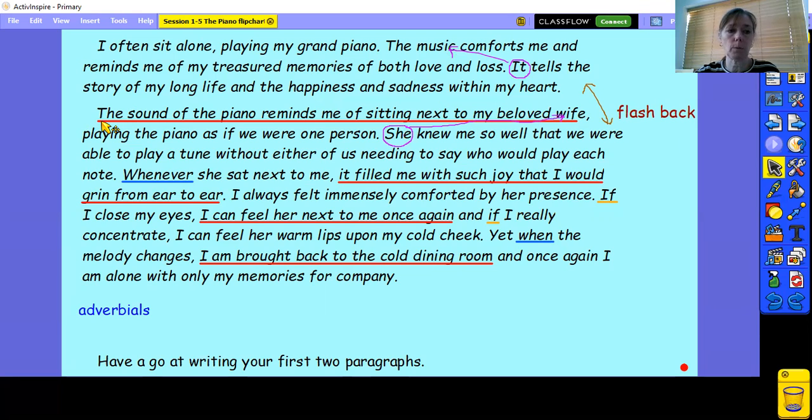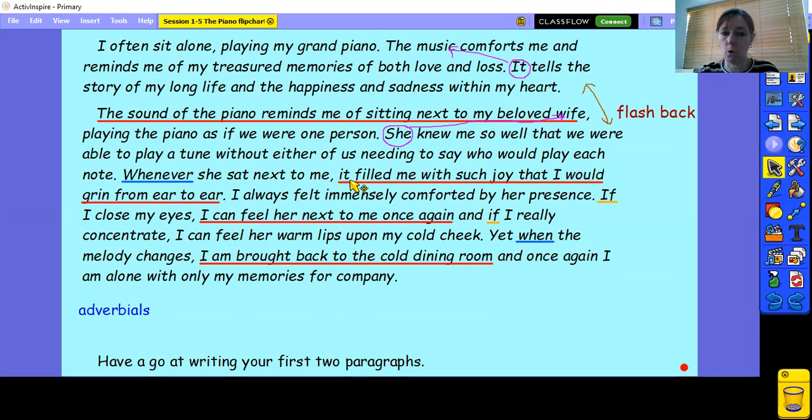So if you focus on this one here, it says, the sound of the piano reminds me of sitting next to my beloved wife. That's your main clause. Then you've got a comma to separate your clauses, and it says, playing the piano as if we were one person. This is a subordinate clause. It gives you some extra detail. If you like, it acts like a servant to this main clause.